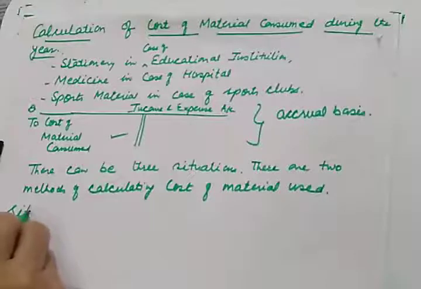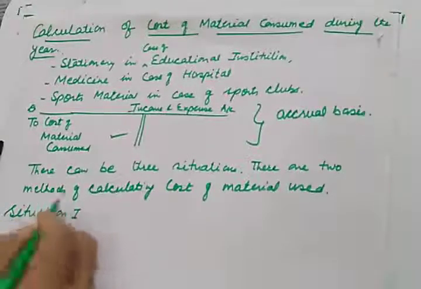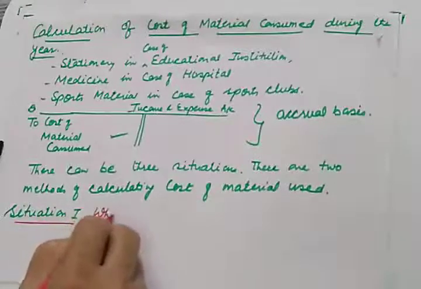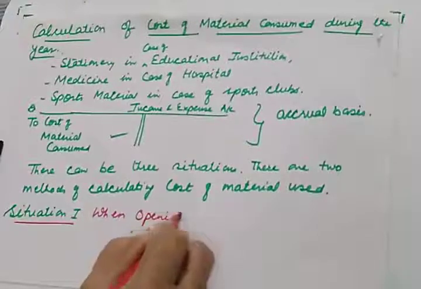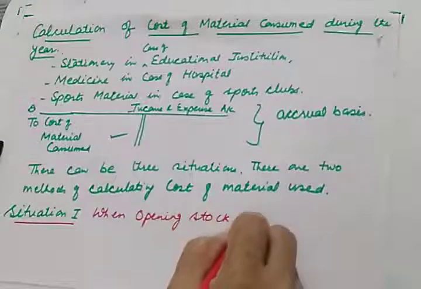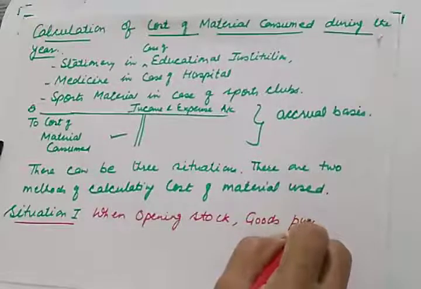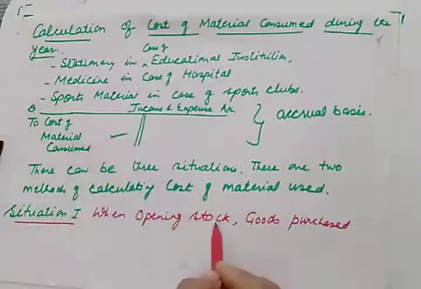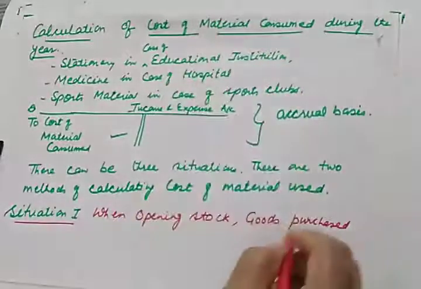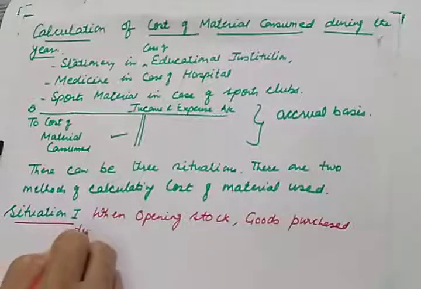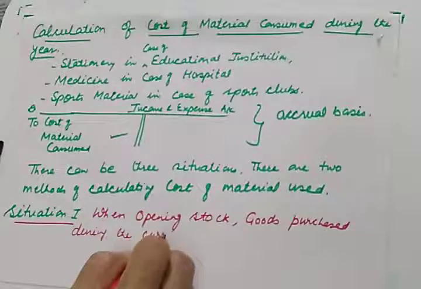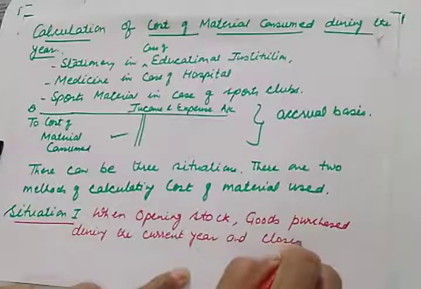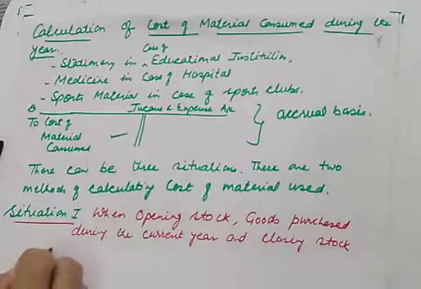So let us see what is there in situation 1. In situation 1, when opening stock, goods purchased, means opening stock of these goods, opening stock of stationery, medicines, and sports material, and goods purchased during the current year, as well as closing stock is given in the numerical.